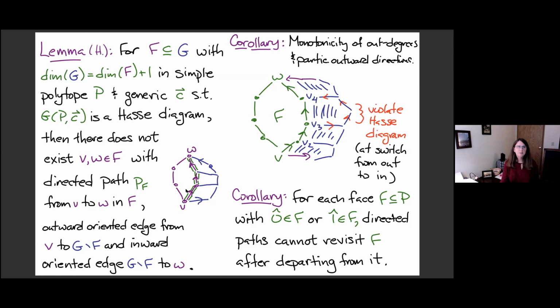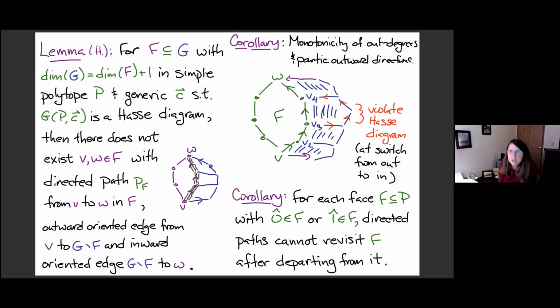And it's really easy to prove this. If you look at this path, at each place you'll have a unique edge that goes into G from F, and it either goes in or out. If you start going out and you end going in, then at some point you have to switch from out to in, like out immediately followed by in, by the discrete version of the intermediate value theorem.